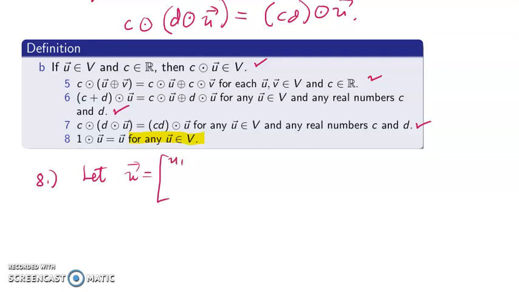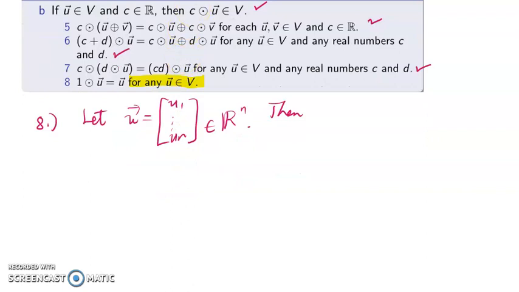In this case, you have this one. This is just in Rn. Alright, and then what happens when we multiply? Again, we are going to show this one. So we start here.